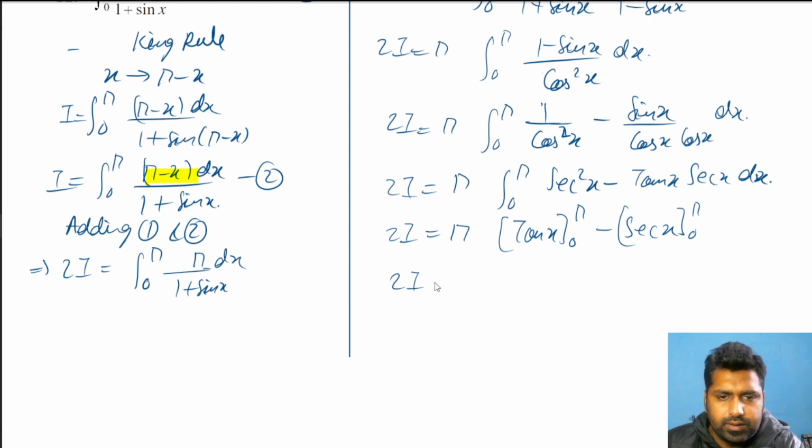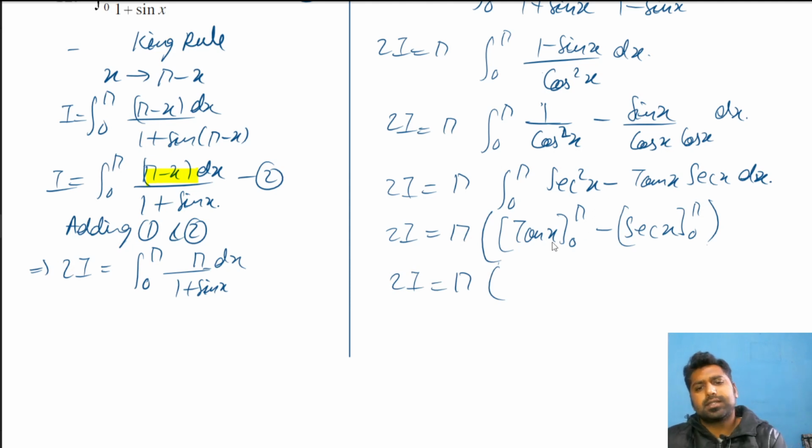So 2I is equal to pi times, and pi is being completely multiplied here, remember. So tan 0 is 0, tan pi is also 0, 0 minus 0, minus sec pi. So first think for cos pi, cos 0 is 1, cos pi is minus 1, so do the reciprocal of that.